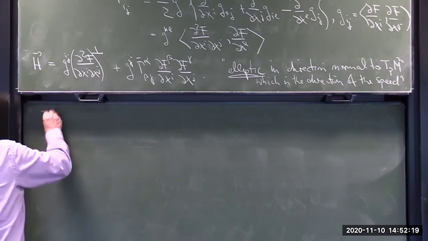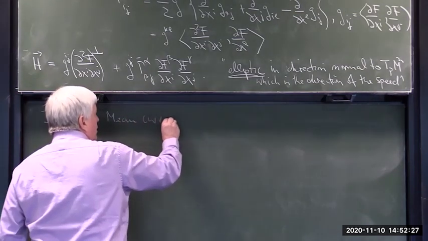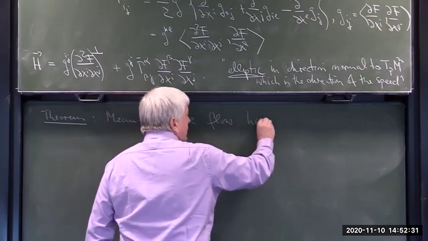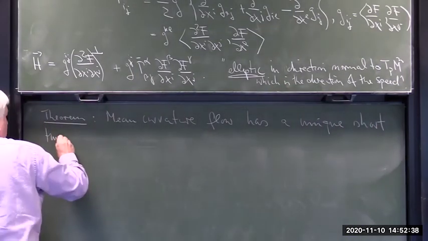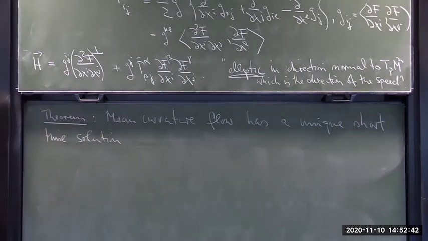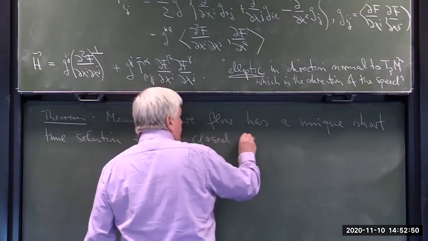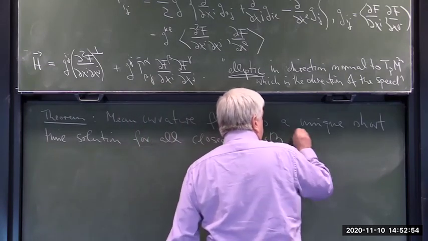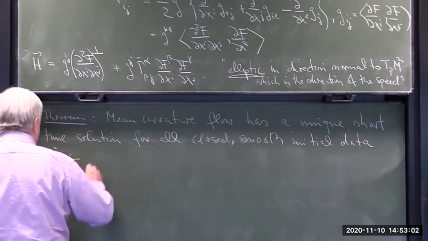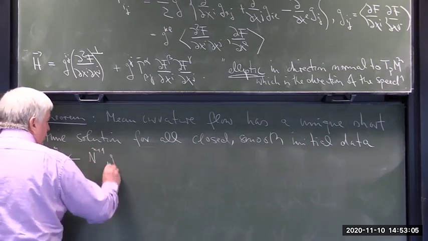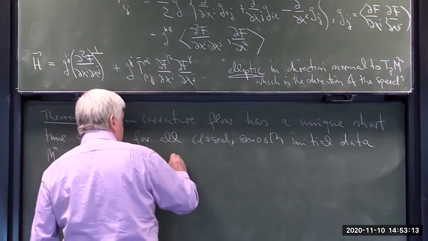So here we just note a theorem. Mean curvature flow has a unique short-time solution for all closed, smooth initial data M^n_0 sitting in a Riemannian ambient manifold, which is itself smooth.